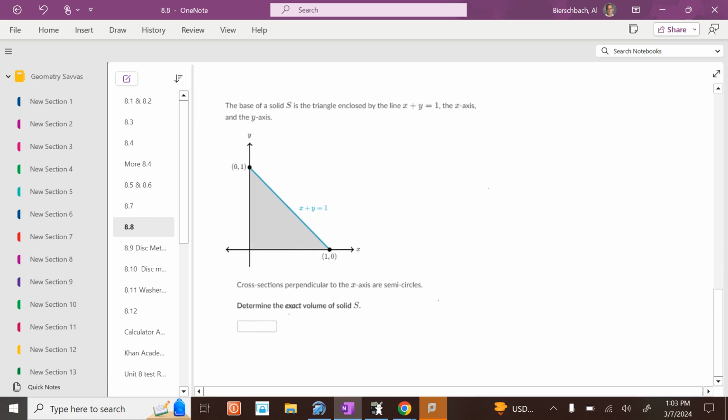All right. So here's a triangle, and cross sections are perpendicular to the x-axis, and they're semicircles. So they're little things here and getting bigger as they go this way. Okay? So it's going to be the integral from 0 to 1. You got to solve this equation for x because it's perpendicular to the x-axis.